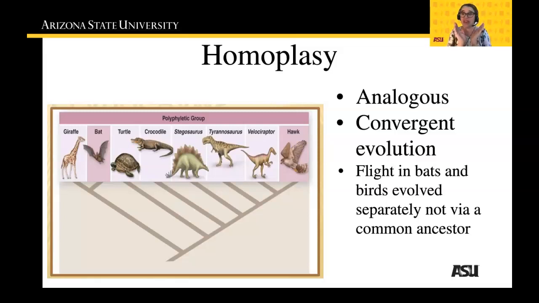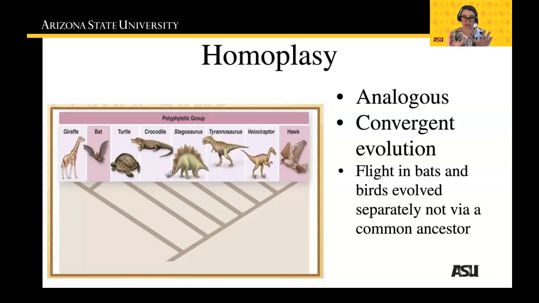However, the initial common ancestor branches off to the giraffe and the bat, right? They share another common ancestor between them. But if you go to the right, now this new common ancestor that leads to the turtle and all of the rest of the taxa is not included in the one with the bat and the giraffe.